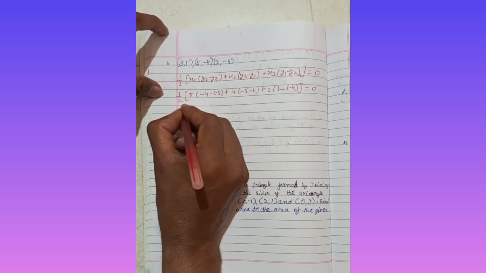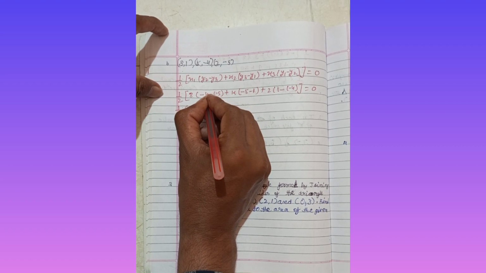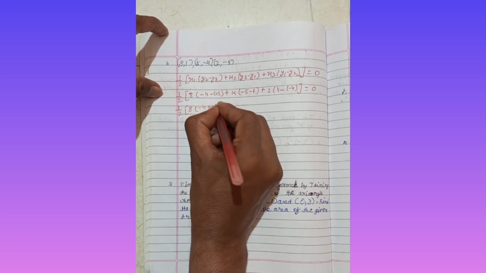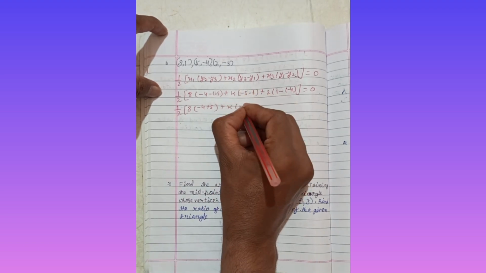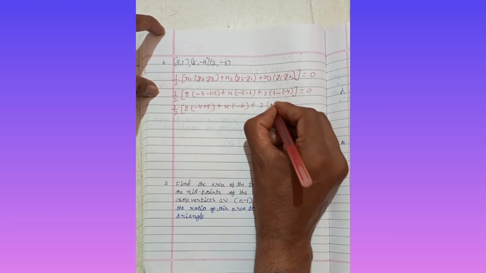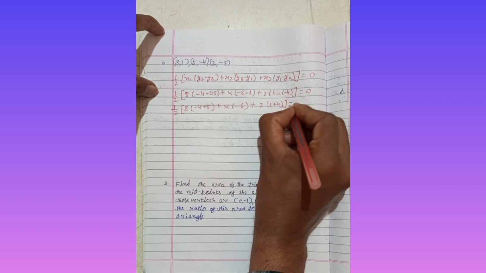Now we solve it. 1 by 2 into 8, into minus 4 minus minus 5, which is minus 4 plus 5, plus k into minus 5 minus 1, which is minus 6, plus 2 into 1 minus minus 4, is equal to 0.